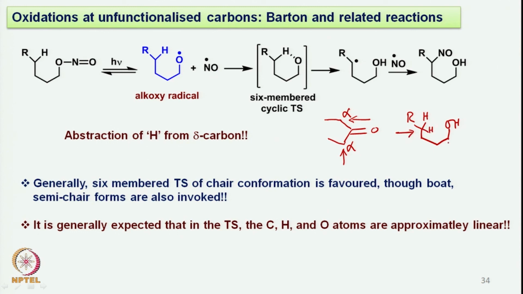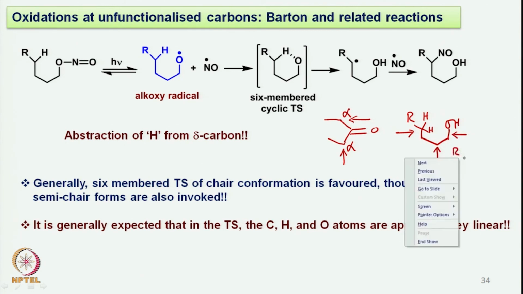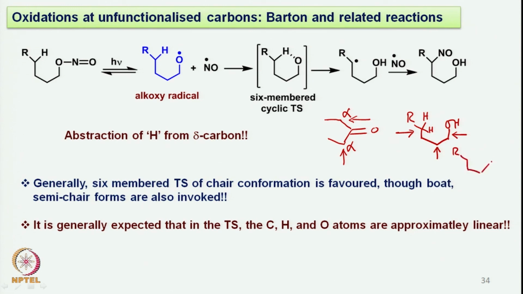If we want to functionalize this particular carbon atom, then we can oxidize this to the corresponding aldehyde, and then one can easily prepare the aldehyde of this type, and you can functionalize here. But functionalizing here is not that easy.